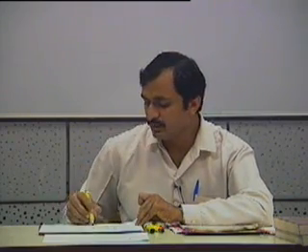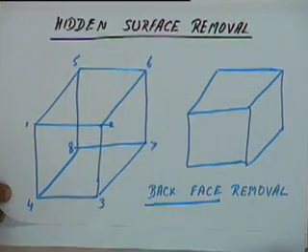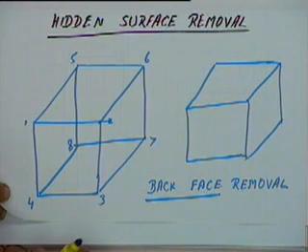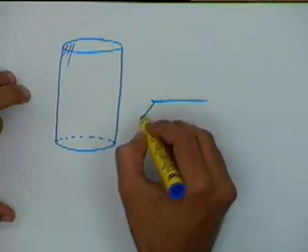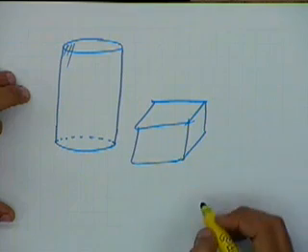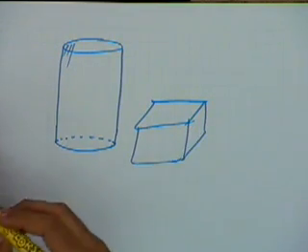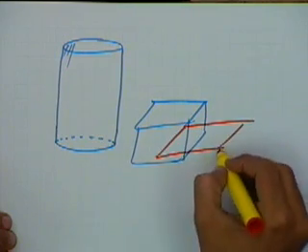But if we carry out a back face removal like this, that back face removal might not work in all the cases, because for simple objects like this it's alright. Now let's take a case. We have one block like this and another block lying in front of it like this.